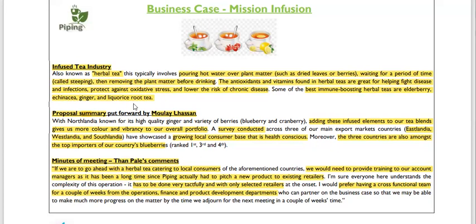Now you need to connect this with the pre-seen, because in the pre-seen it is stipulated that you can't carry out promotional campaigns saying that because of antioxidants, an individual consuming tea will be helped with fighting diseases and infections, protecting against oxidative stress and lowering the risk of chronic diseases. These claims are not proven.